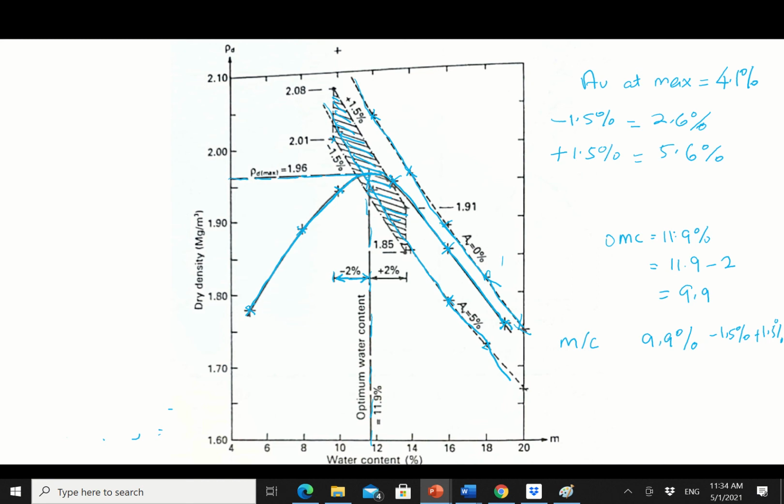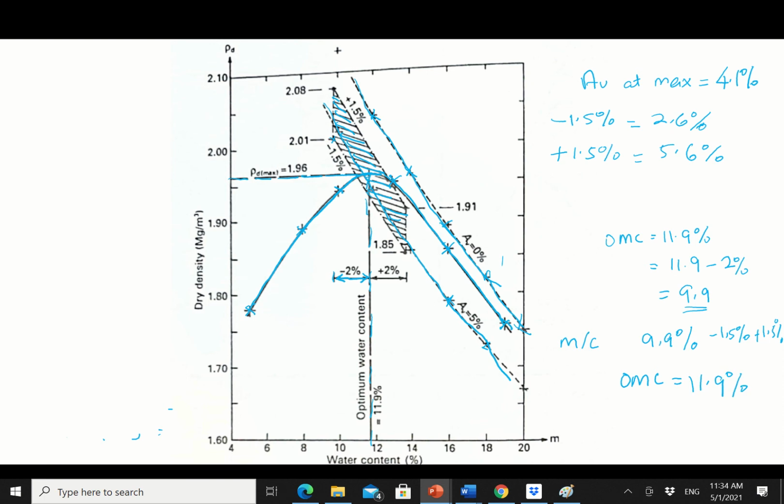The same here. If the moisture content is negative 2%, you get 9.9. And if positive, you get 11.9.